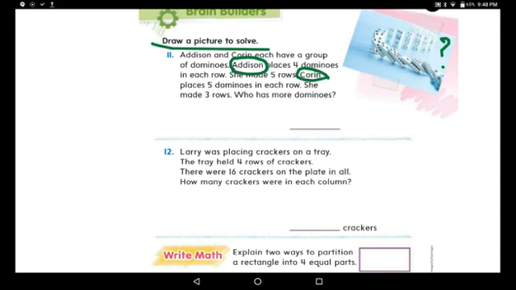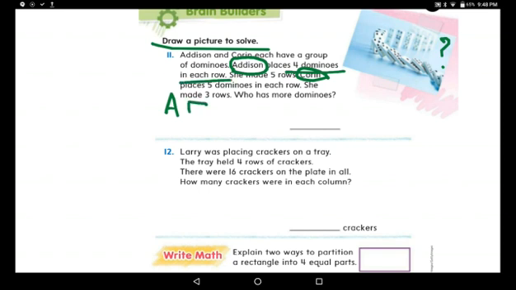Addison and Corin each have a group of dominoes. Addison places 4 dominoes in each row. This is the first row for Addison. A for Addison. I'm gonna use another color for Corin later on. So Addison places 4 dominoes in each row, so 4 in each row.